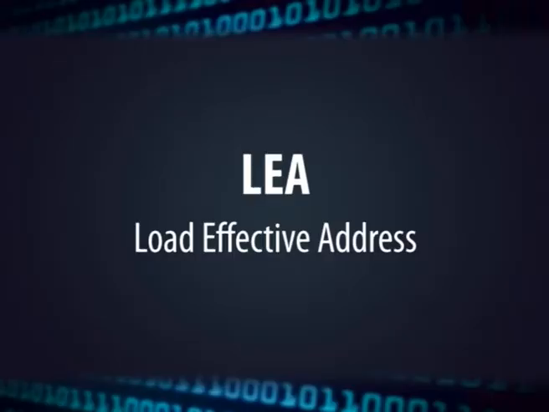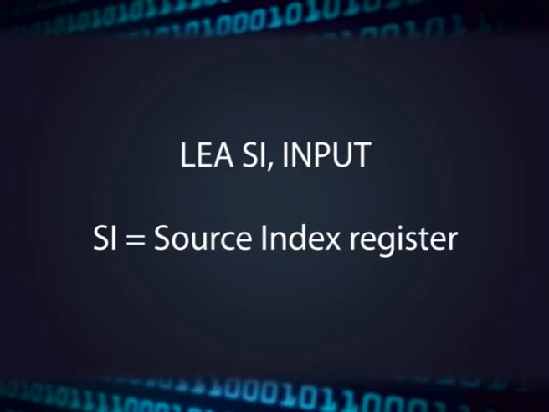Another data transfer instruction is load effective address, called LEA in short, used as LEA SI, which stands for source index register, comma, input. When this instruction is executed, it loads the SI register with an offset address value derived from the label input.